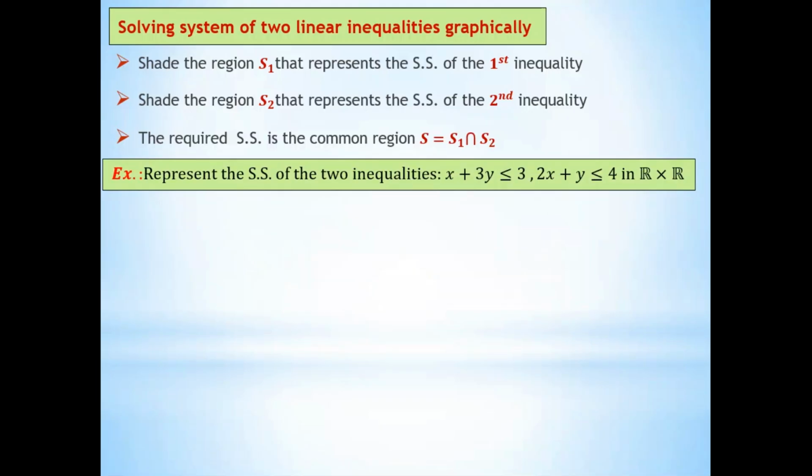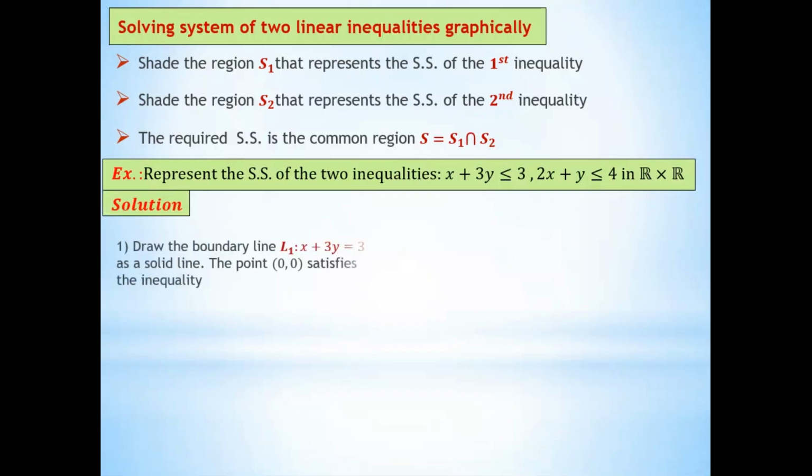That is our example. Represent the solution set of the 2 inequalities x plus 3y less than or equal 3, 2x plus y less than or equal 4, in R times R, meaning in the Cartesian plane. What about S1? You can get S1 from the line x plus 3y equal 3.